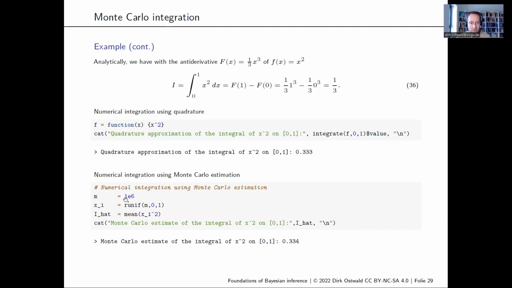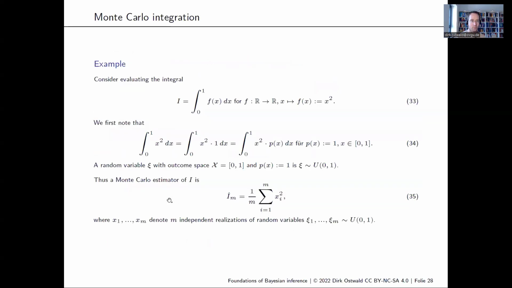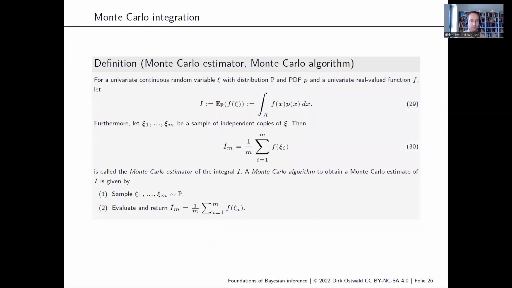Here using 1,000,000 realizations of the uniform distribution on 0, 1, and then squaring these and taking the mean. So that's the logic of Monte Carlo estimation of integrals. So again, the problem is to evaluate an integral.